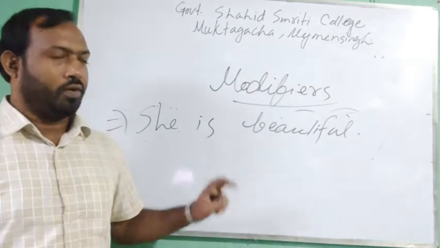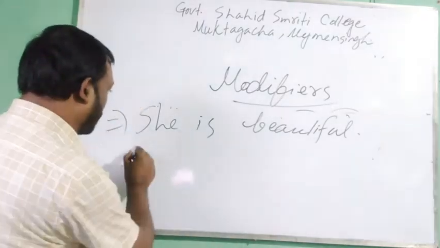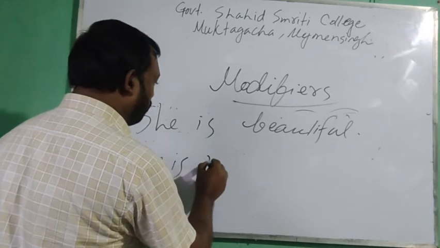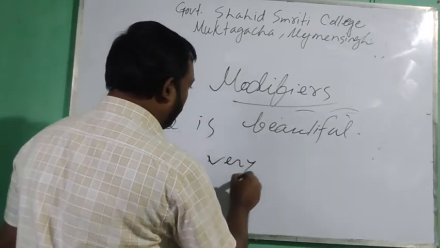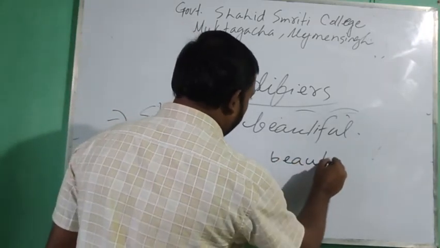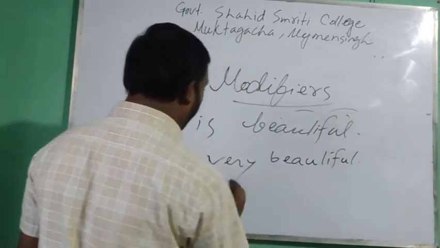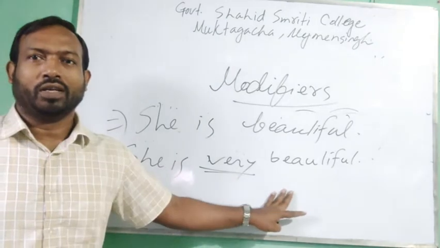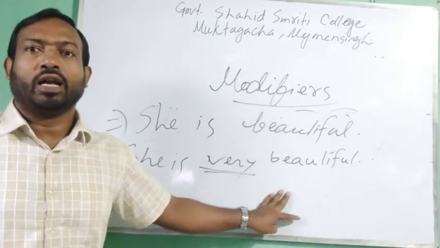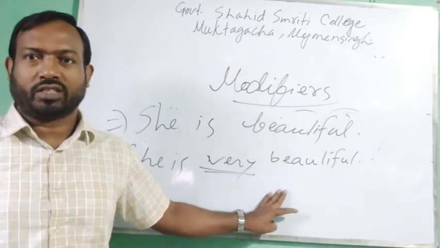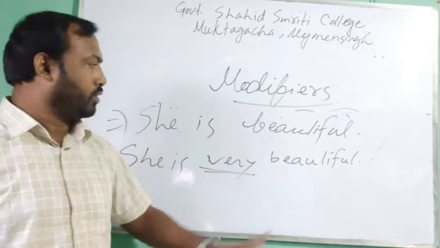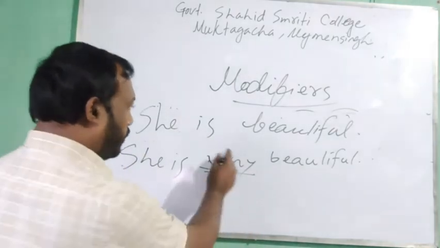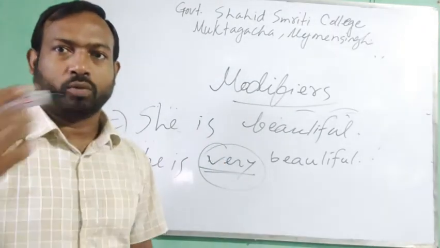But we can write it down like this: she is very beautiful. So the word very tells about the degree of her beauty. How beautiful is she? She is very beautiful, extremely beautiful. So the word very actually tells more about her beauty.